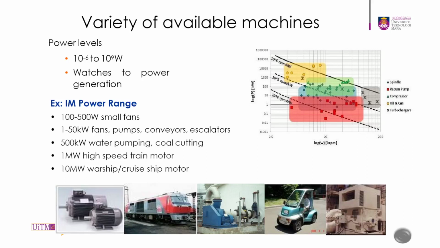And again, for water pumping, coal cutting, which needs a very high torque, it can go up to 500 kilowatt. And for a high speed train motor, 1 megawatt. And if you think of a huge warship or cruise ship motor, then you can consider about 10 megawatt electrical machines, right?